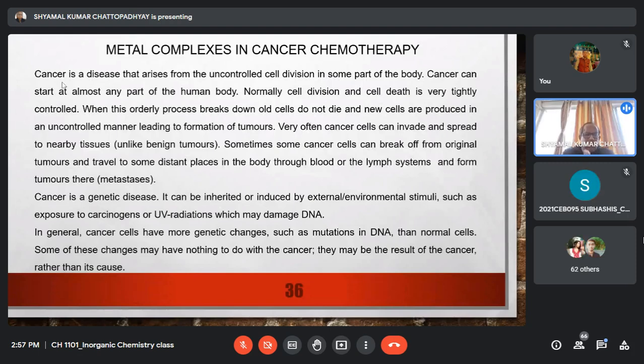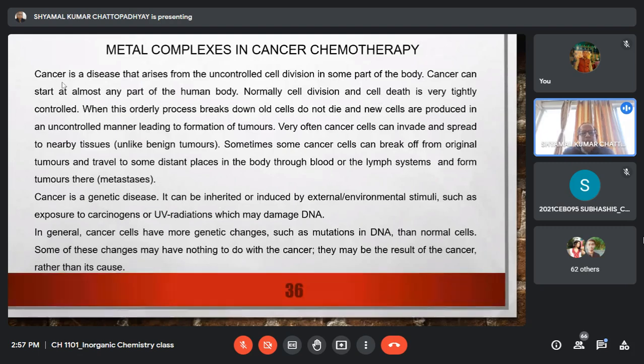But due to some disorder in your body, which often arises due to some genetic modification, either from one generation to another, or due to exposure of a person to certain chemicals or radiation, their DNA, their genes may get modified.